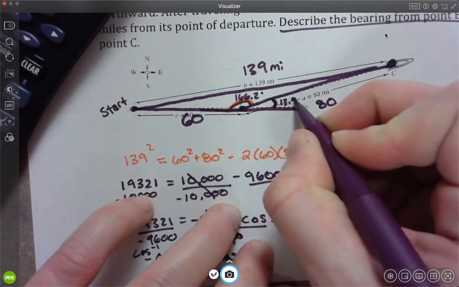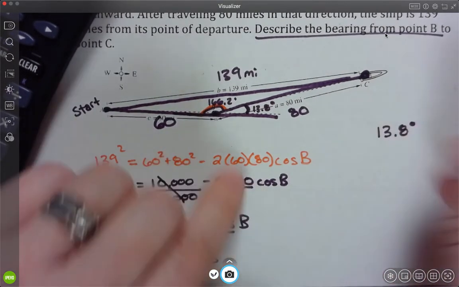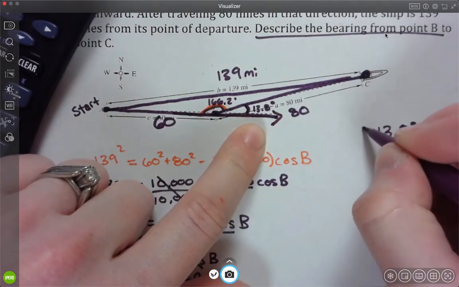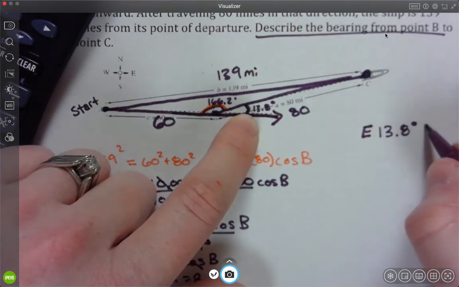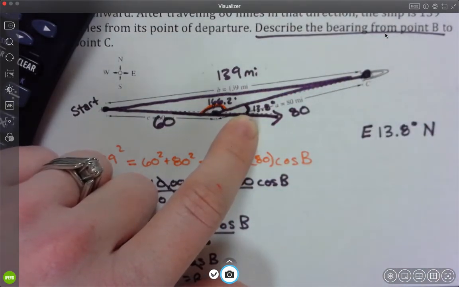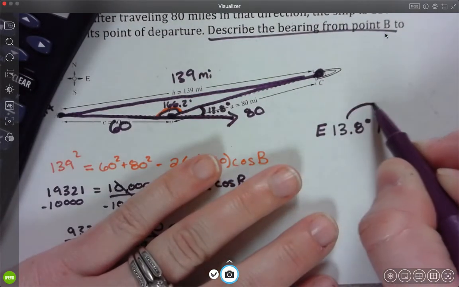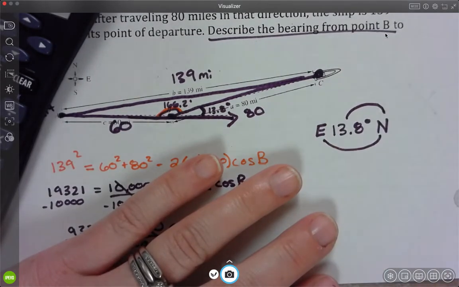So we want to go 13.8 degrees. And this direction this way is east. So we start by going east, but this is actually 13.8 degrees north of the east direction. You remember from last section, that's how you read that.